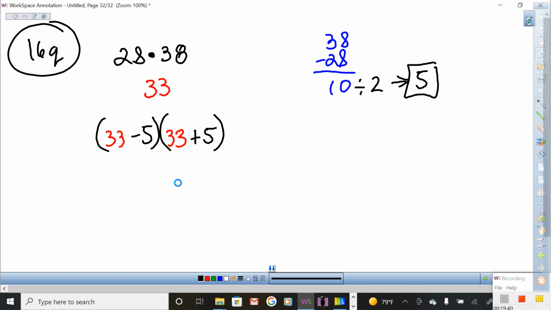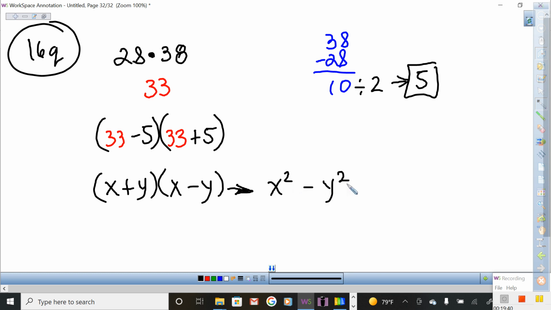Are we done, Mr. Q? No. Look at the identities on your study guide. Which one looks something like this? Did you find one? Yeah, x plus y, x minus y. Do you guys see that? And what is the answer for that one as a product? X squared minus y squared.